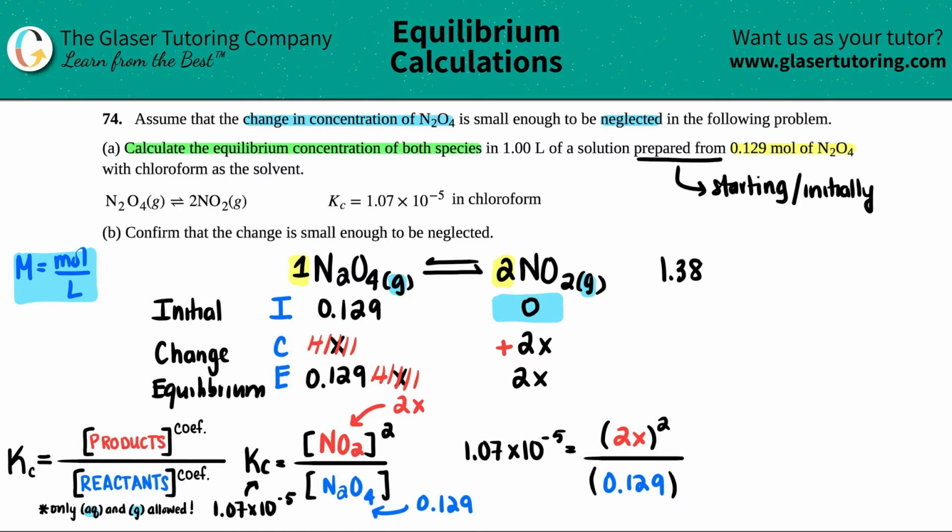So 1.3803 times 10 to the negative 6 equals, now here's the thing, guys, 2x squared. That means that you have 2x times 2x. So you have to multiply both of them. 2 times 2 is 4. X times x, you have x squared. You got 2 x's. So this would now be equal to 4x squared.